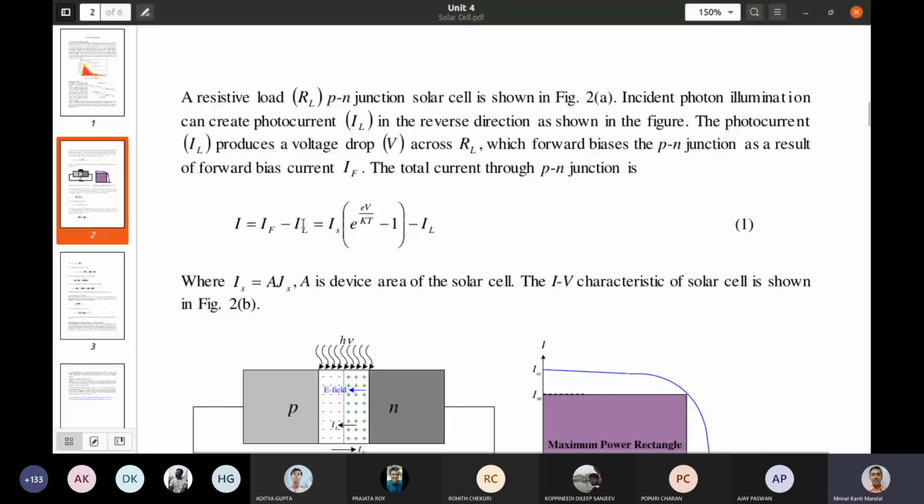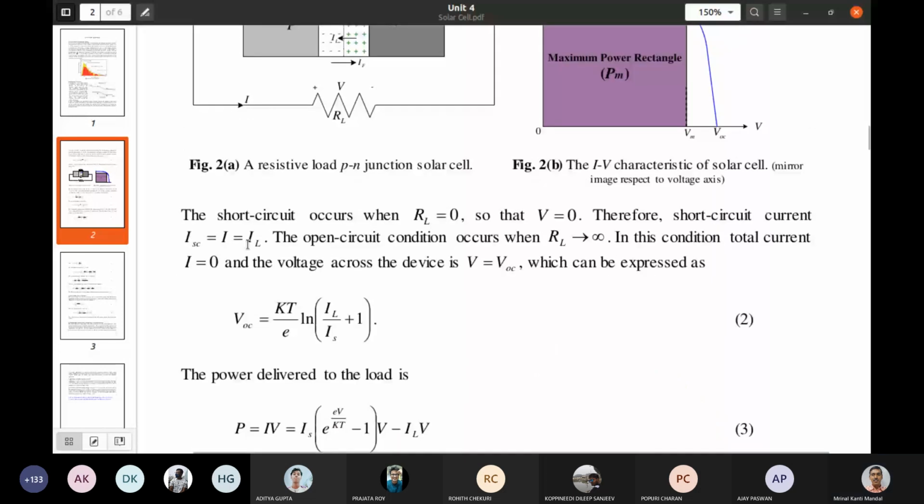Because the voltage will be zero, resistance will be zero, no voltage will develop, then we will get the current IL. So this short circuit current is the maximum current. This is the maximum current that can flow in the junction. This is the short circuit current.